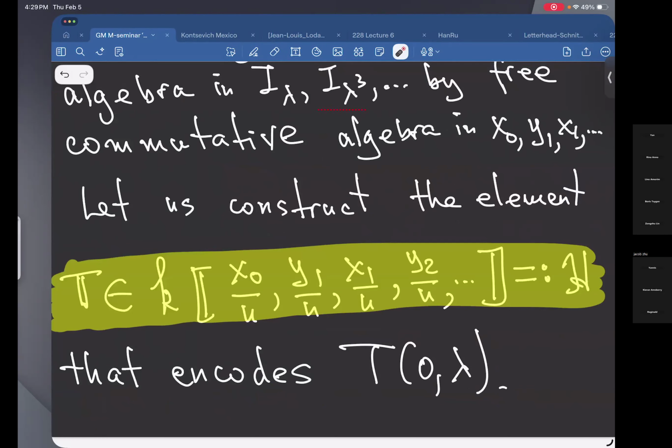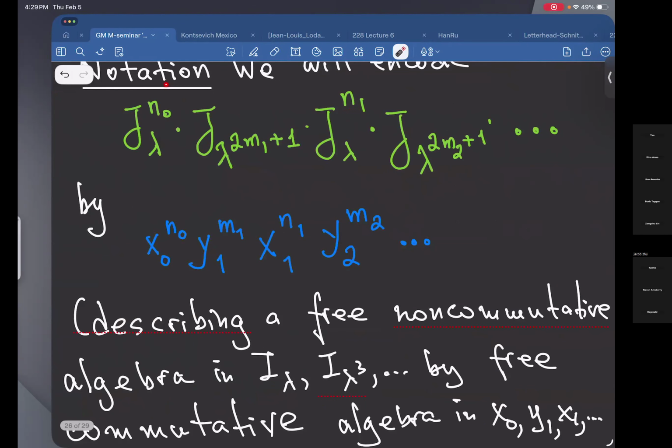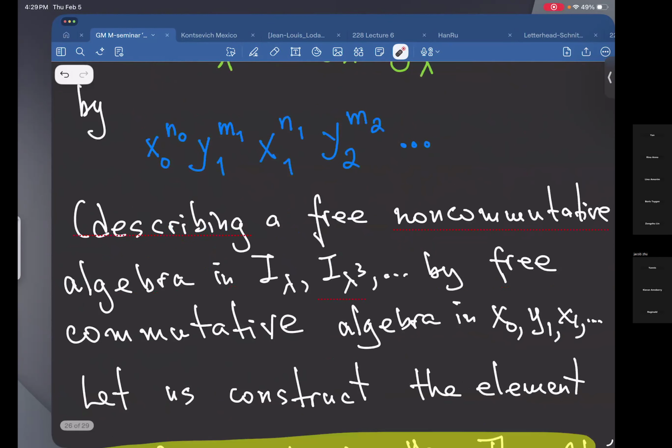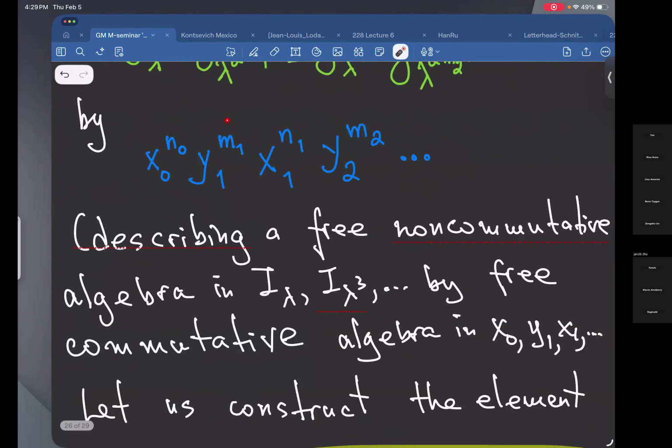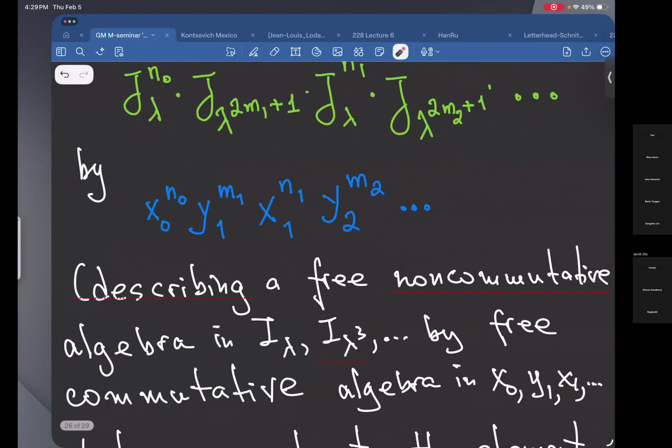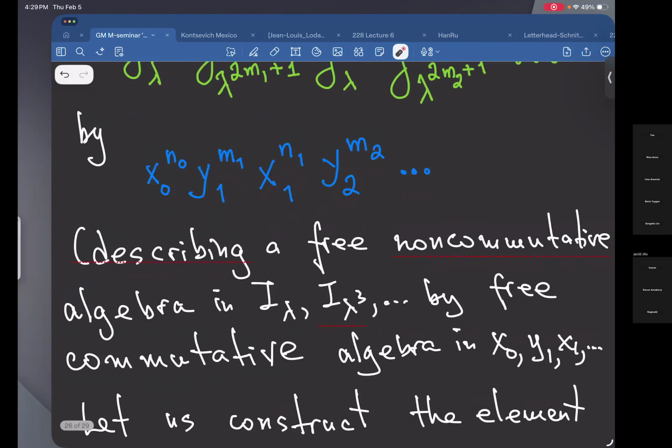I have some way of writing a product of non-commuting monomials, to encode it as a polynomial in infinitely many commuting variables. And I mean, it shows how I do it, but maybe right now, never mind.